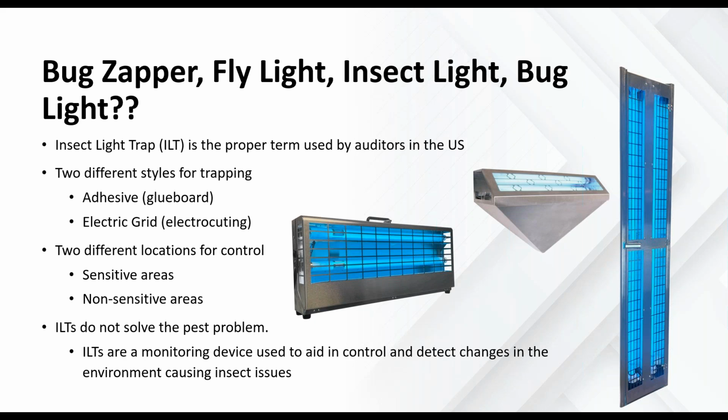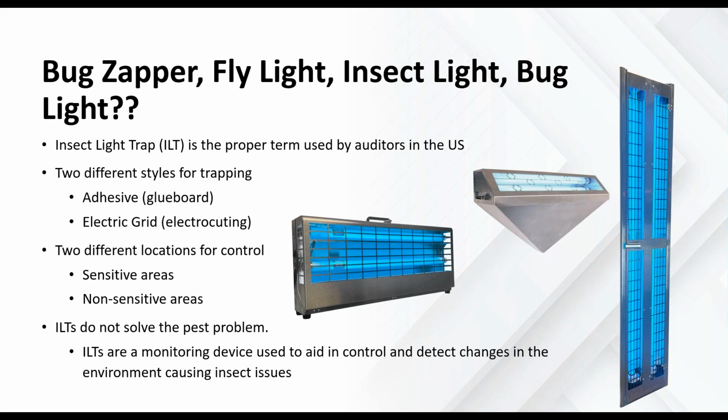But one thing to note, ILTs are not a problem solver for the insect problem that you may have. They're used actually as a monitoring device, and they can help in control, but primarily they're used for monitoring, detecting changes within an environment that can be used for providing the best service within a particular facility you're utilizing these in.